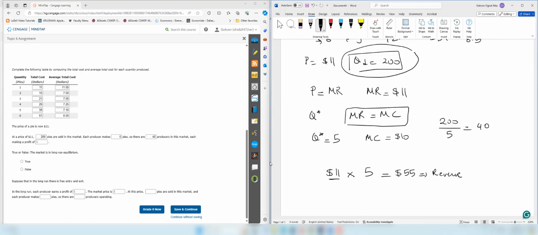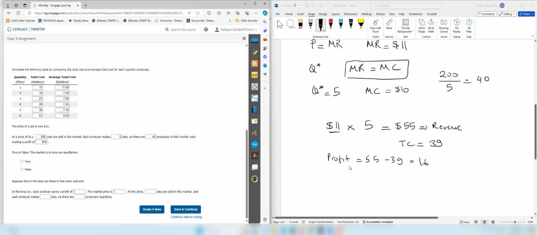We can calculate the total cost at 5 pies, which is given here as 39. So the profit is going to be 55 minus 39, which is $16. So each producer is making a profit of $16.